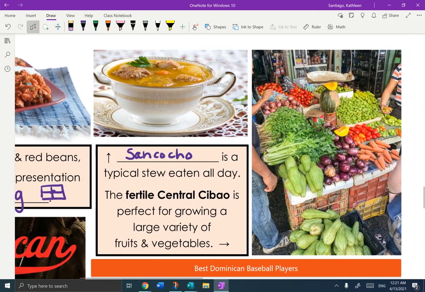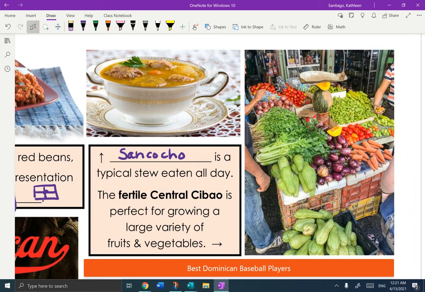To the right, you can also see, so this is a typical vendor. And in the Dominican Republic, they have 4 main mountain ranges, and between 2 of them lies the fertile Central Cibao Valley. And it is a perfect growing area for a large variety of fruits and vegetables. The fertile Central Cibao Valley.